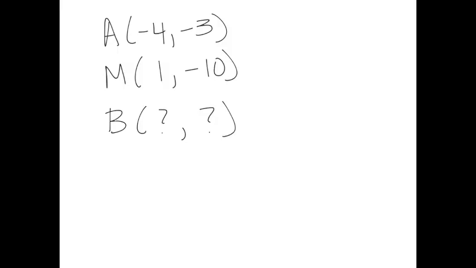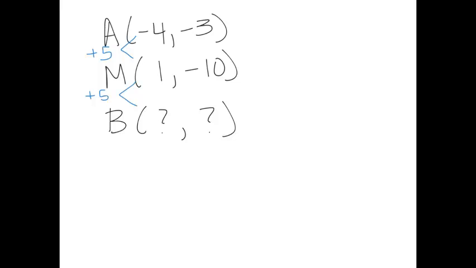Since we know that the midpoint is halfway between A and B, that means this x value is halfway between -4 and what other x value we have. From -4 to 1, we have increased 5 units. So from 1 to the x value of point B, we have to increase another 5 units.